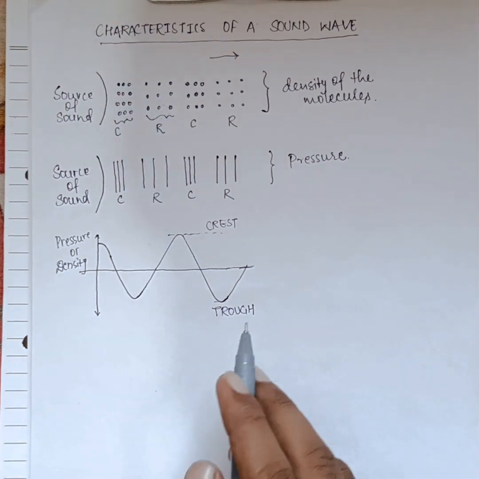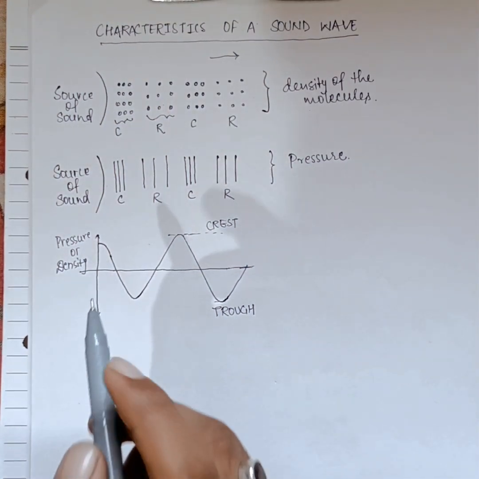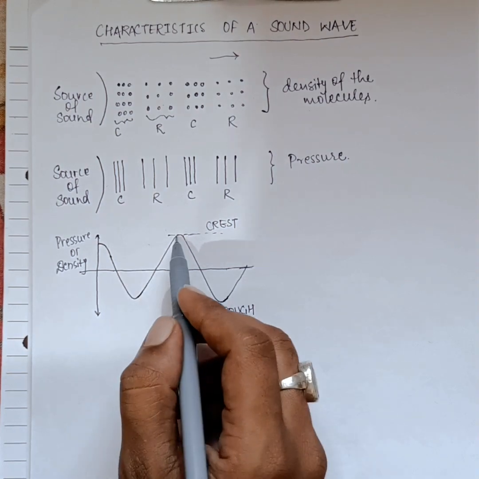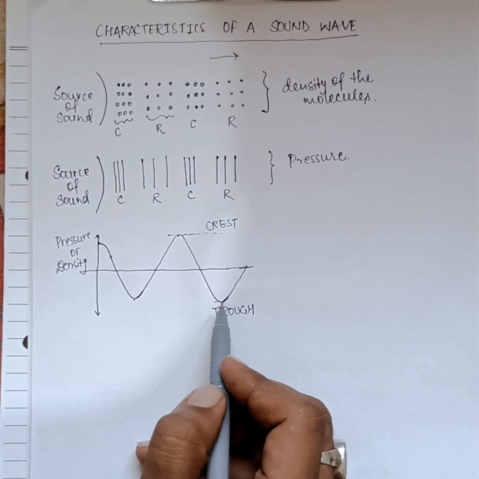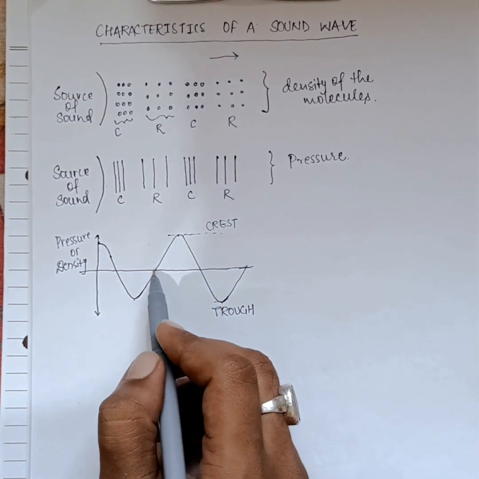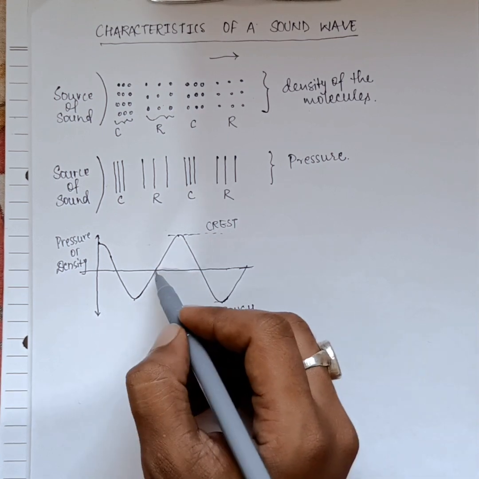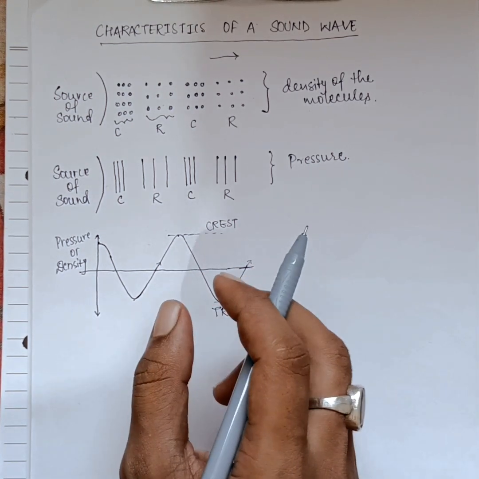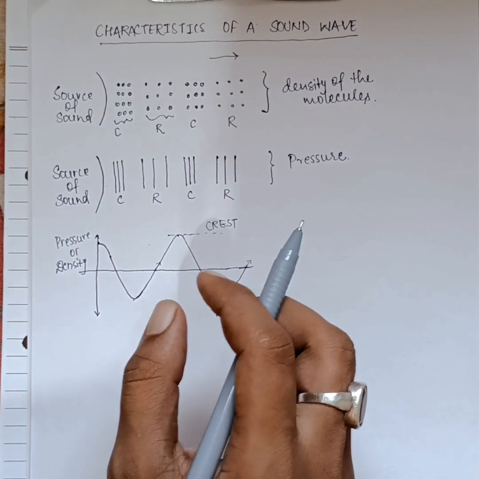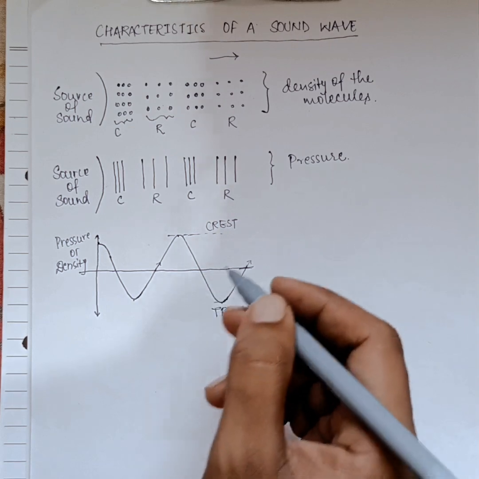And we have also studied the distance between two crests, suppose this and this, the distance between two troughs, the distance between two places from where the wave is starting, this and this. Okay? From here the wave is starting, and here also. The distance between two consecutive points of the same phase is known as wavelength.